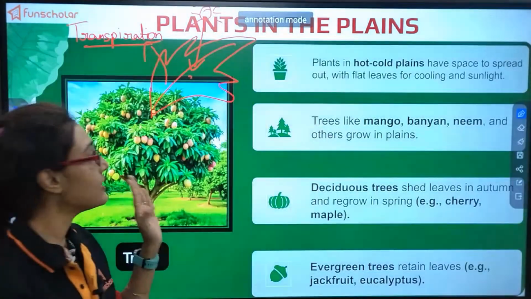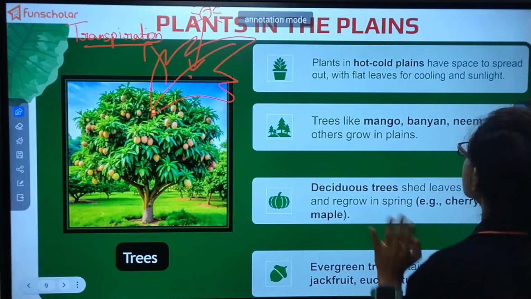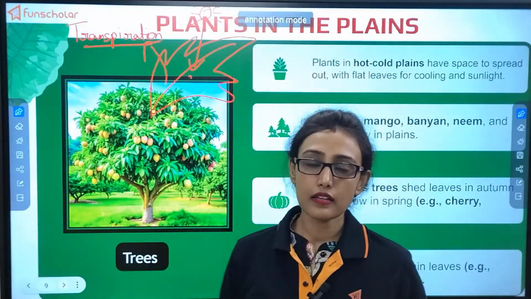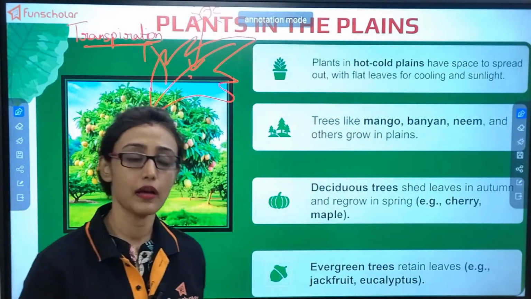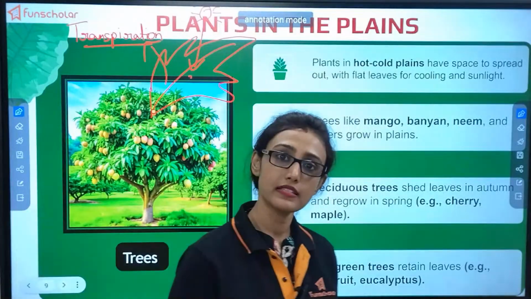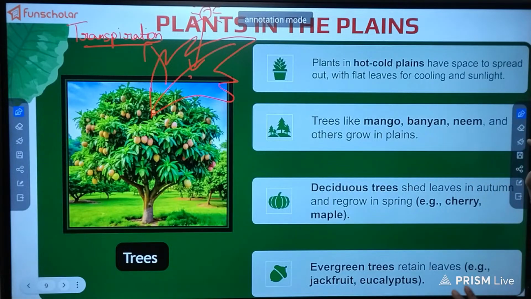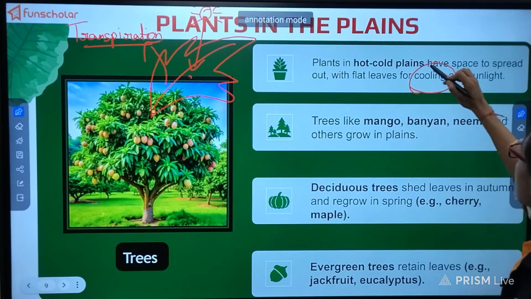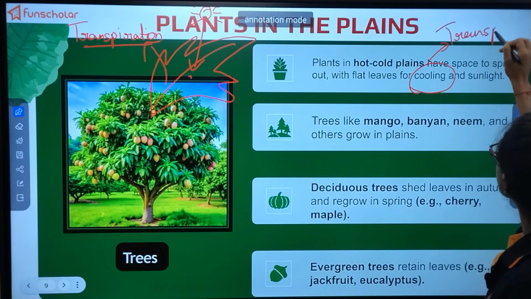Okay, so let's proceed. Plants in hot cold plain. Hot cold plain means, suppose, Kolkata. Here we have summer as well as winter. So both summer and winter prevail in the same place. So they have space to spread out with flat leaves for cooling via transpiration and sunlight.